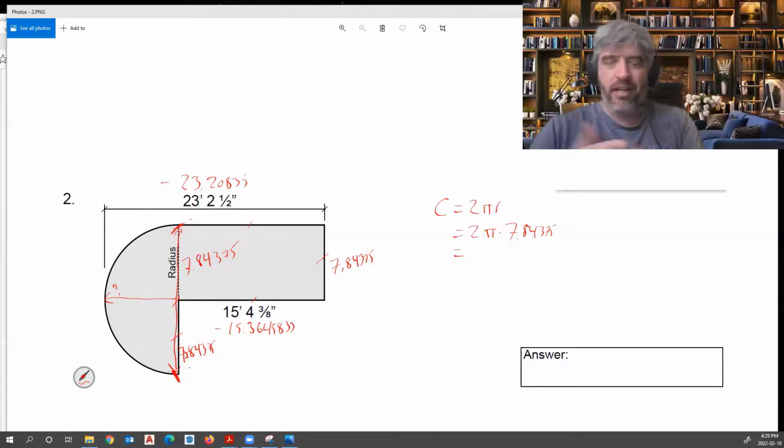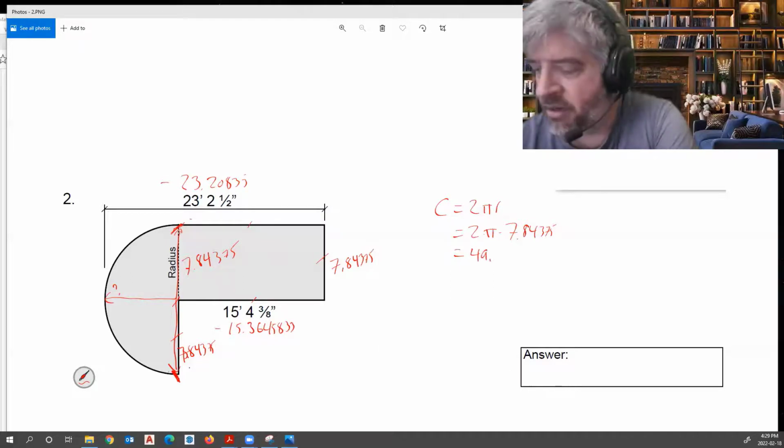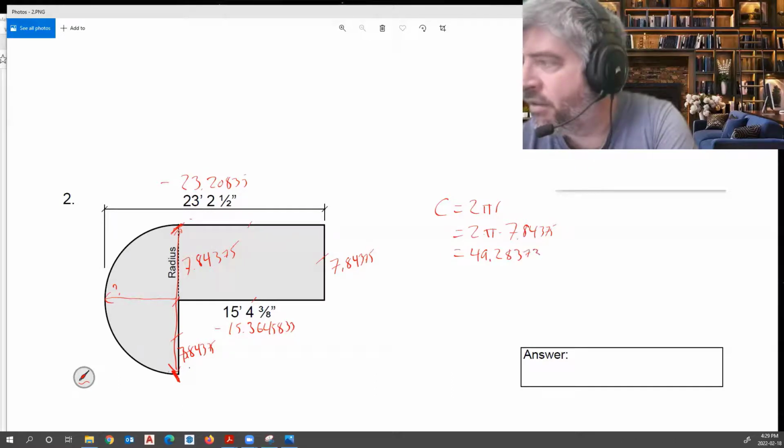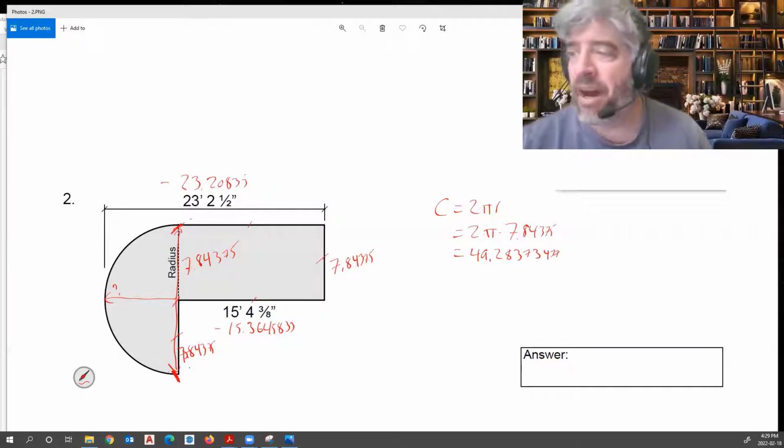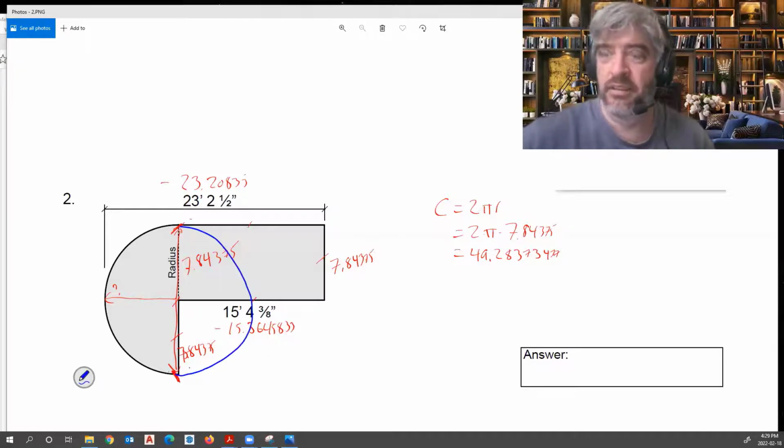So I have that number in my calculator right now. I'll do times pi. I'll just hit the pi button, and then times it by 2. Okay, this gives me 49.28373477, and so on. But that would be the entire circle, right?